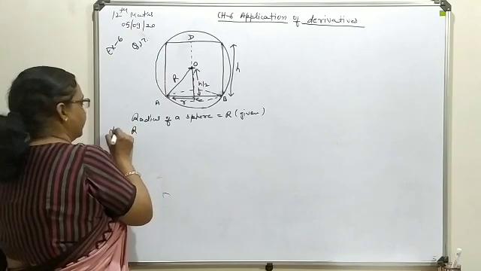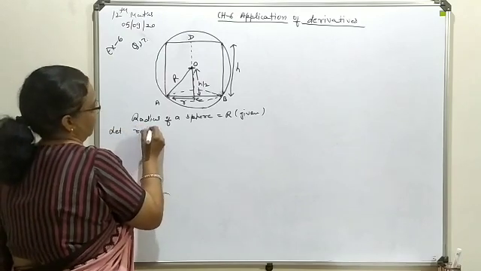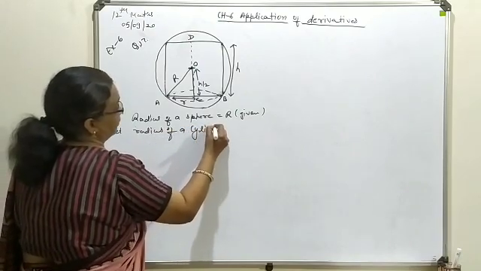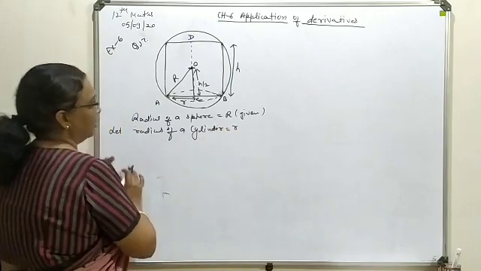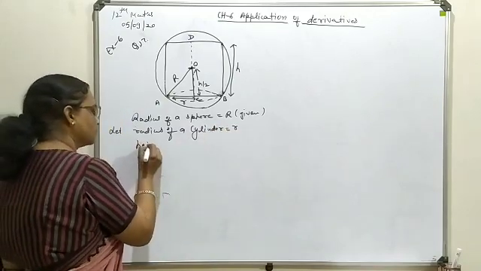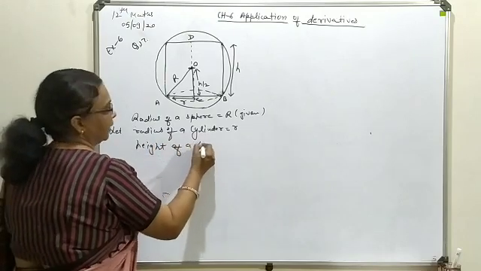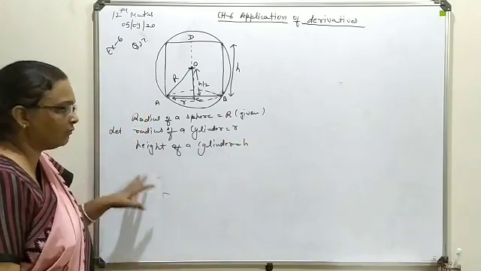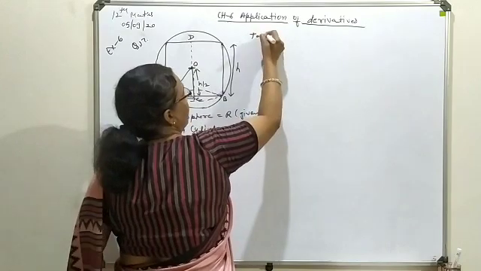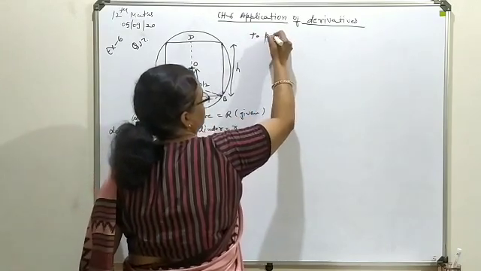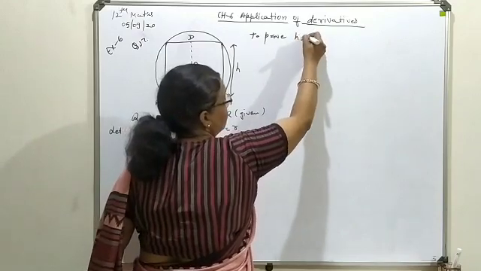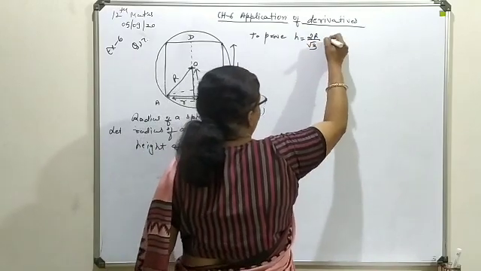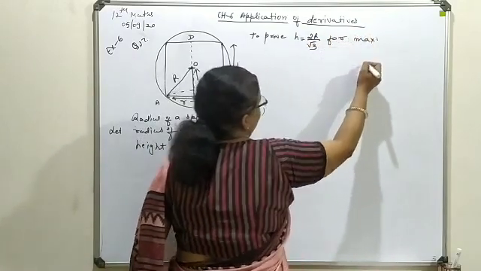Secondly, let the radius of the cylinder be small r, and the height of the cylinder be small h. What we have to prove is h equals 2R upon root 3 for maximum volume of the cylinder.